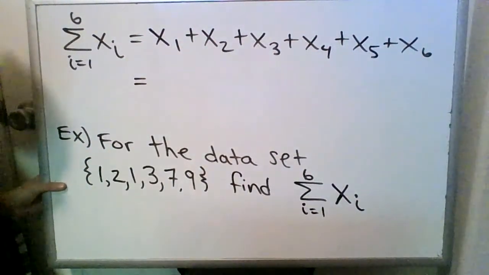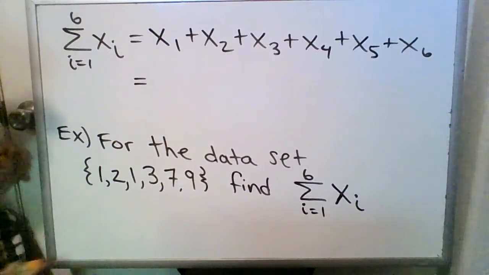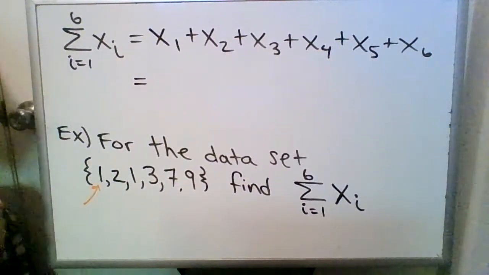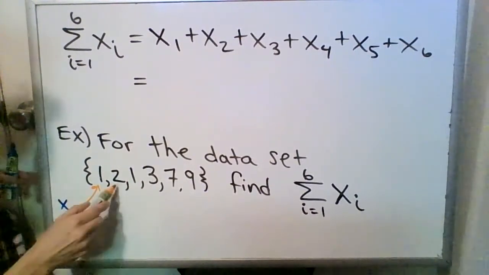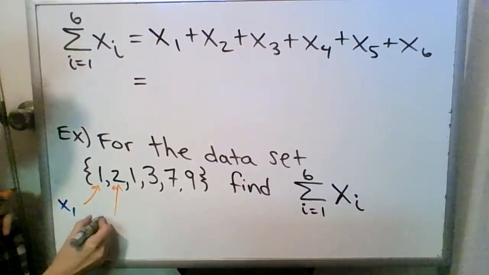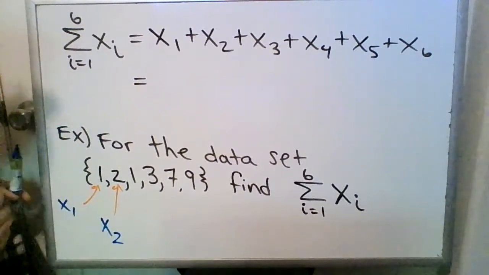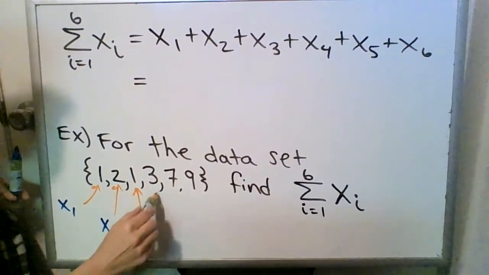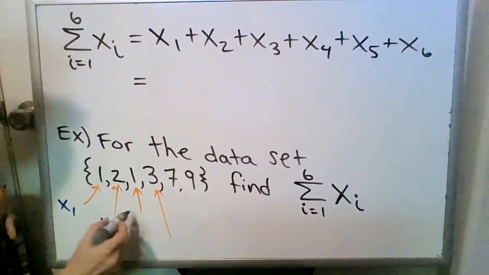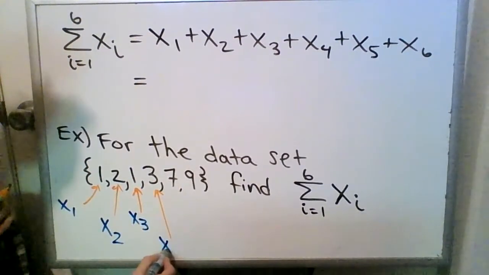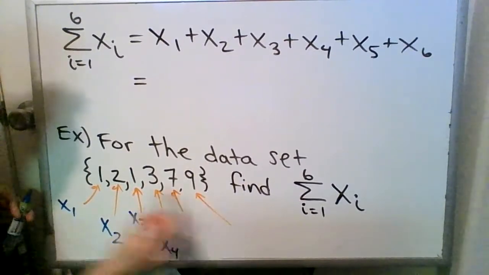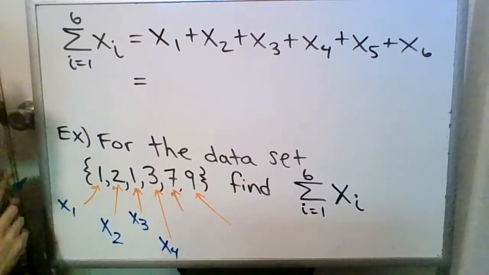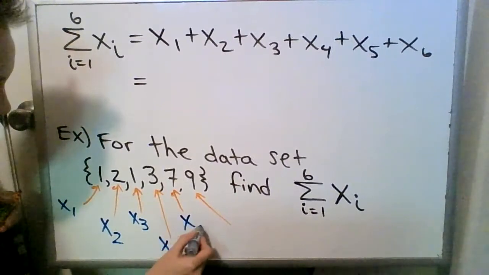Okay, looking at your list, this would be x1. Here's x2, x3, x4, and that's the 5th one and the 6th one, x sub 5 and x sub 6.